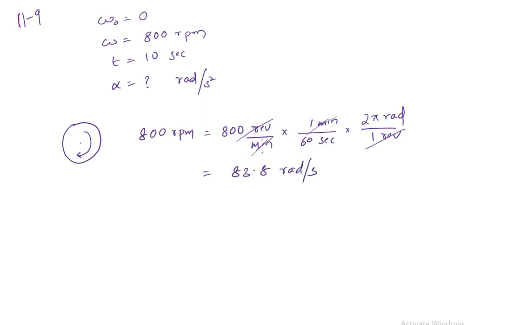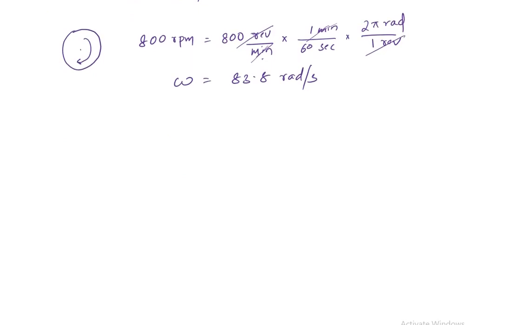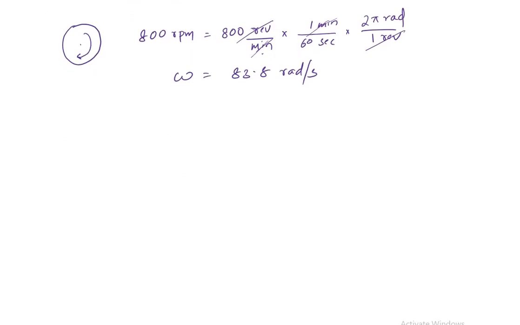This is the omega, the final velocity. So we have initial velocity, final velocity, and time, and we're asked to find acceleration. On the side, you can always say v equals u plus at, then omega equals omega naught plus alpha t.